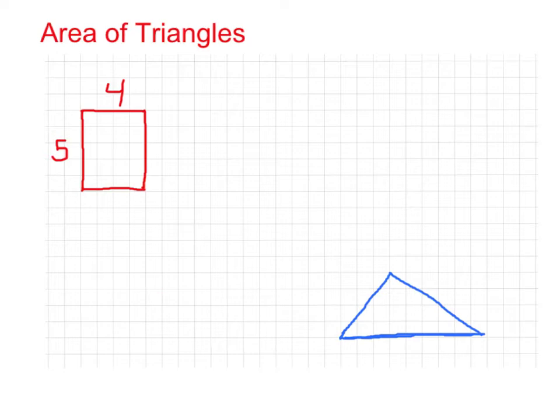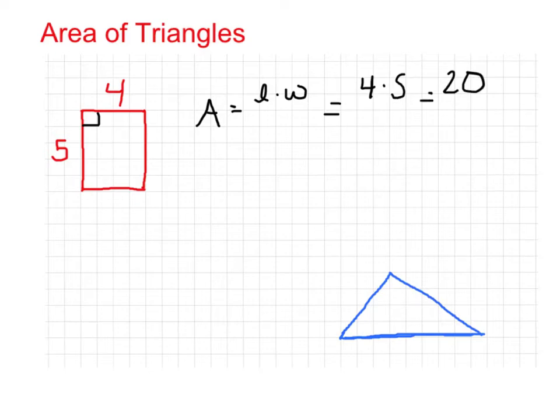Okay, we talked about the area of triangles by first off starting with a rectangle where we said, okay, we know that the area is given by the length times the width that meet at a right angle. So in this case, it'd be given by 4 times 5, which would then give me 20. Well, to get a triangle, all I would have to do is draw a line like this, and then using the same corner, I get a triangle.